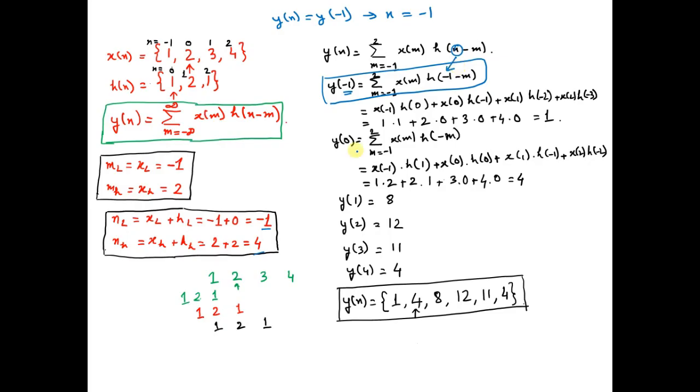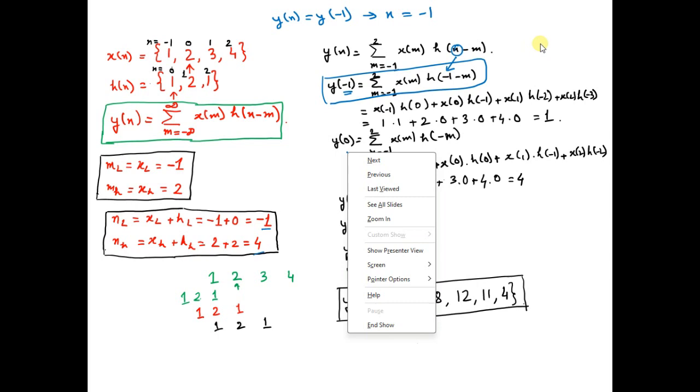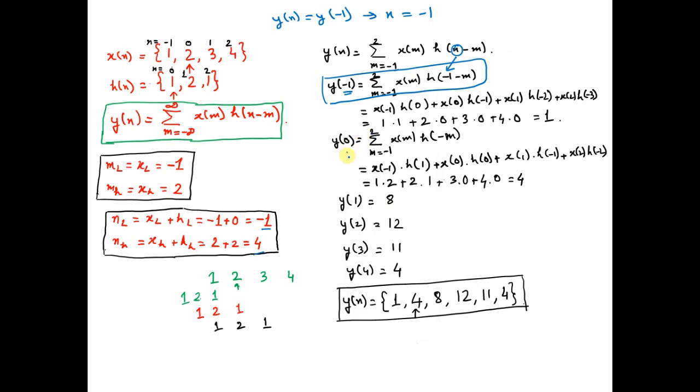In the second case, n is equal to 0, because after -1 comes 0, right? So n is equal to 0, so this is basically 0 minus m. We have just placed the value of n. Then x of m, again you have to take these values.